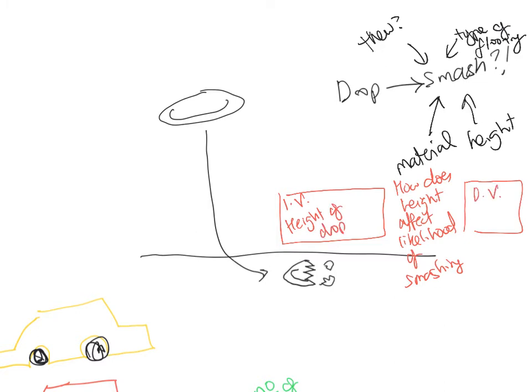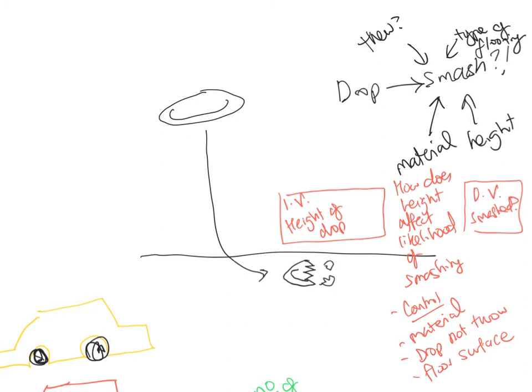All the other variables that we mentioned before have got to be kept the same. So we'd have to keep the material of the plate the same every time we dropped it. We'd have to make sure that we dropped it every time and that we didn't throw it because that would make it unfair. And we'd also have to make sure that we keep the floor surface the same.